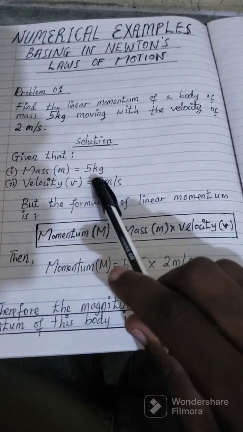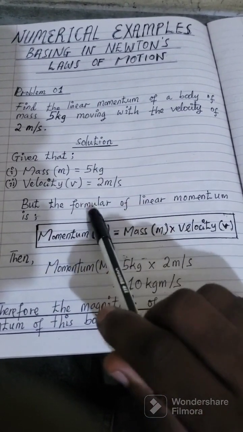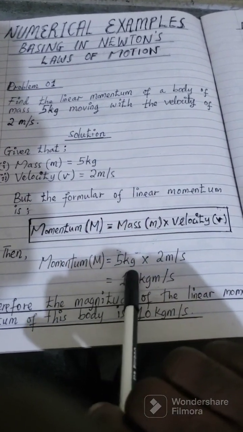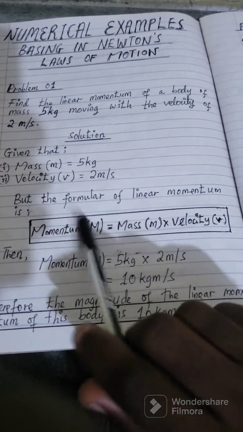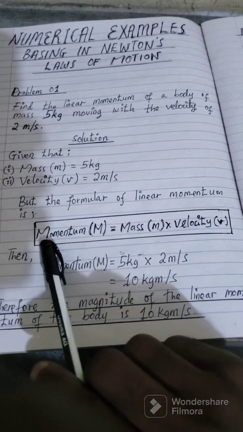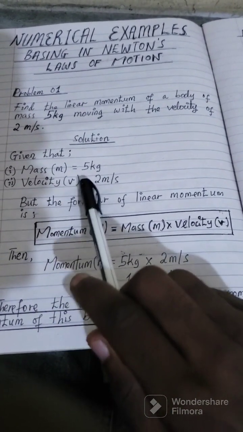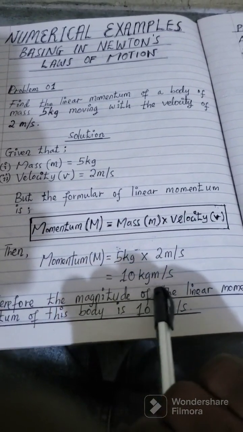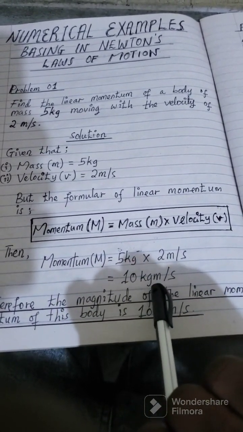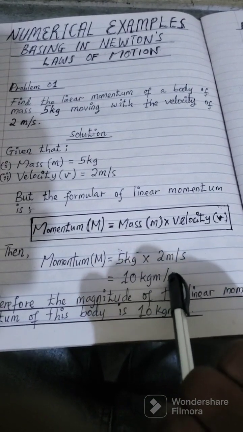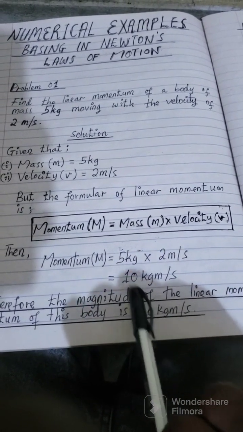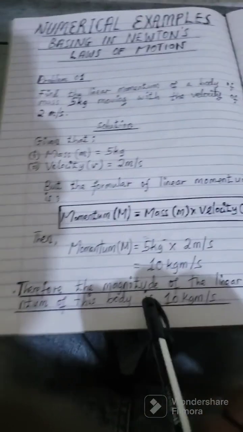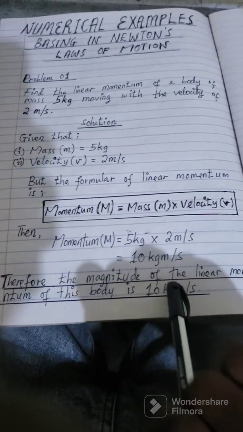As we already have the mass and the velocity of the body, we are able to calculate the asked momentum. Putting these values in this formula, we obtain the value of momentum equal to 10 kilogram meters per second. That was problem number one.